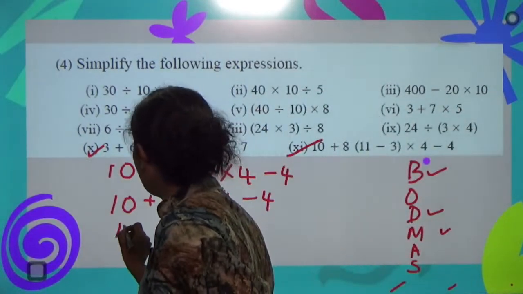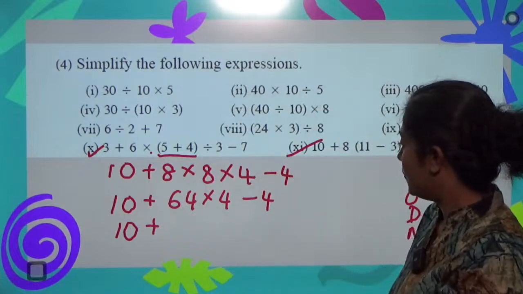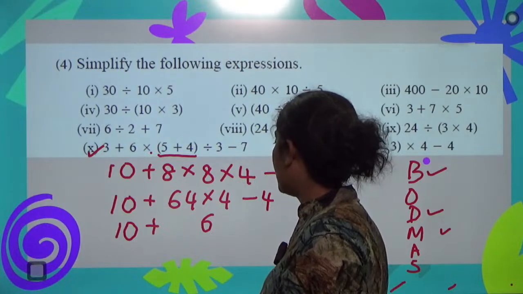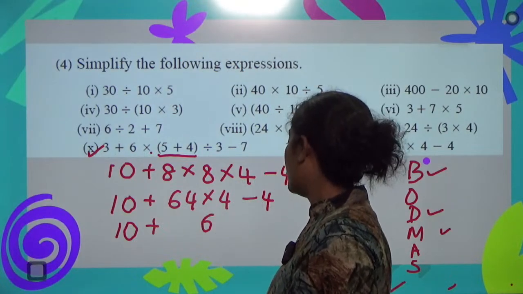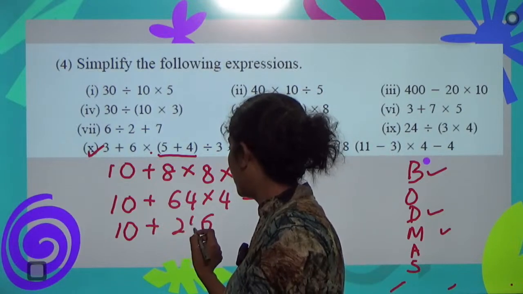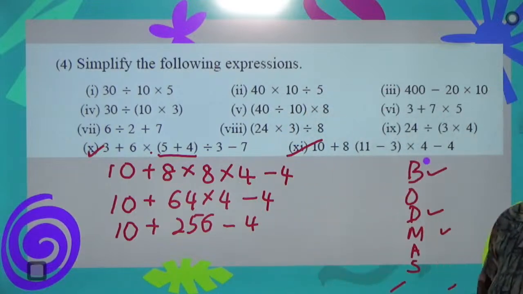Then 10 plus 64 by 4, 4 into 4, 16, remaining 1, 6 into 4, 24, plus 1, 25, minus 4.